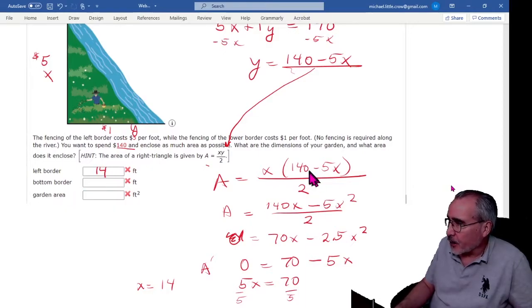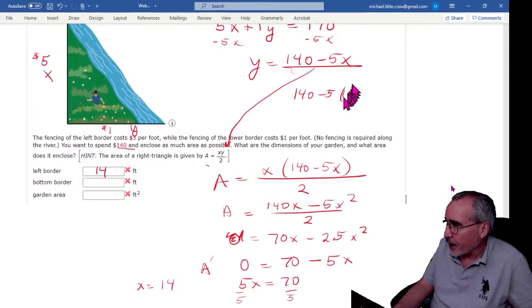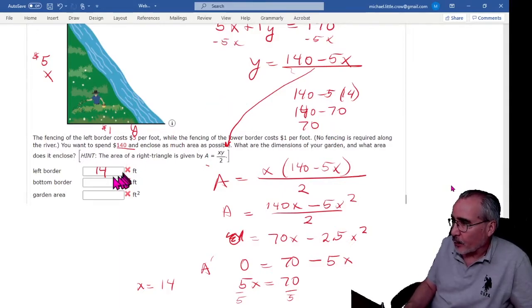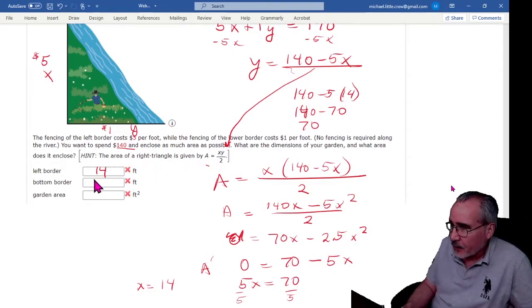Our bottom border is going to be y, so we plug in 14 here and get 140 minus 5 times 14. 5 times 14 is 70, so 140 minus 70 is 70. As we predicted, y is going to be the longer side, 70 feet long by 14 feet.